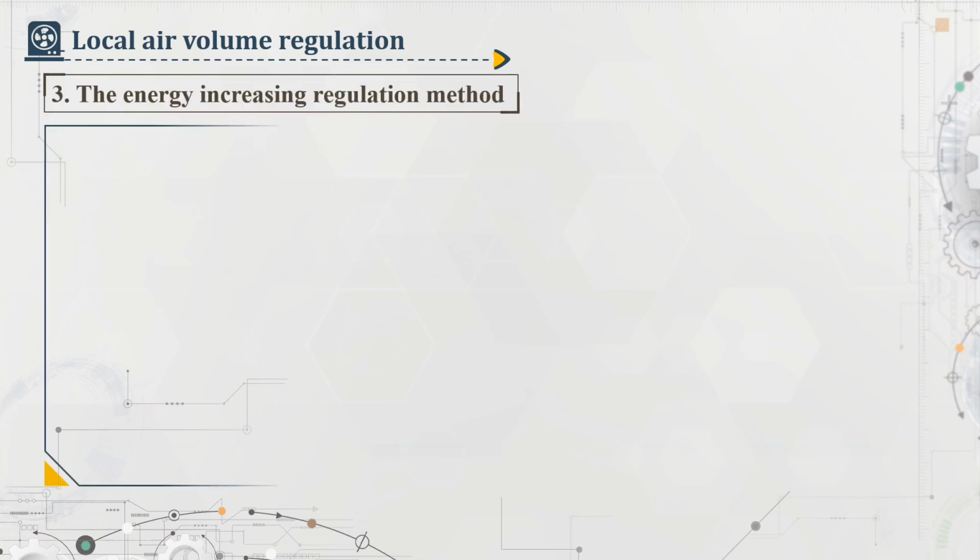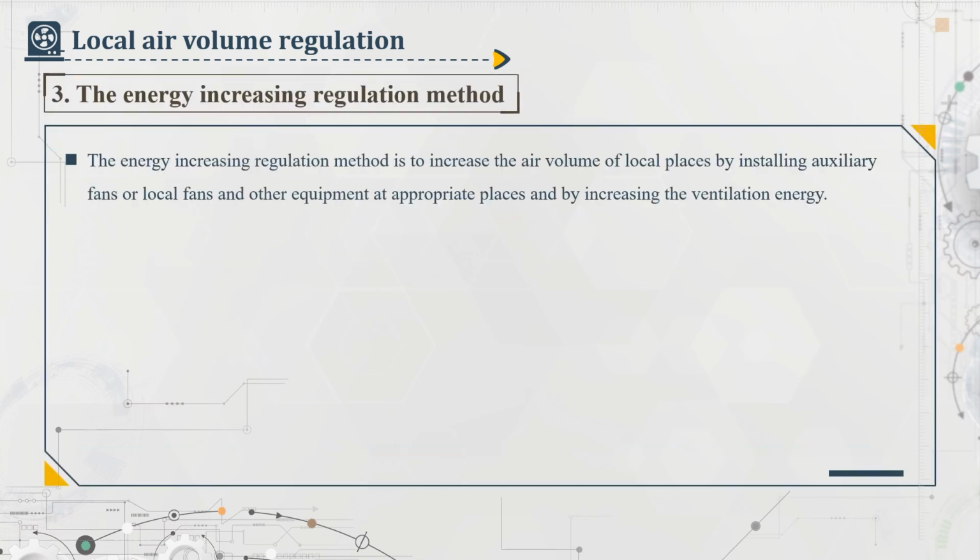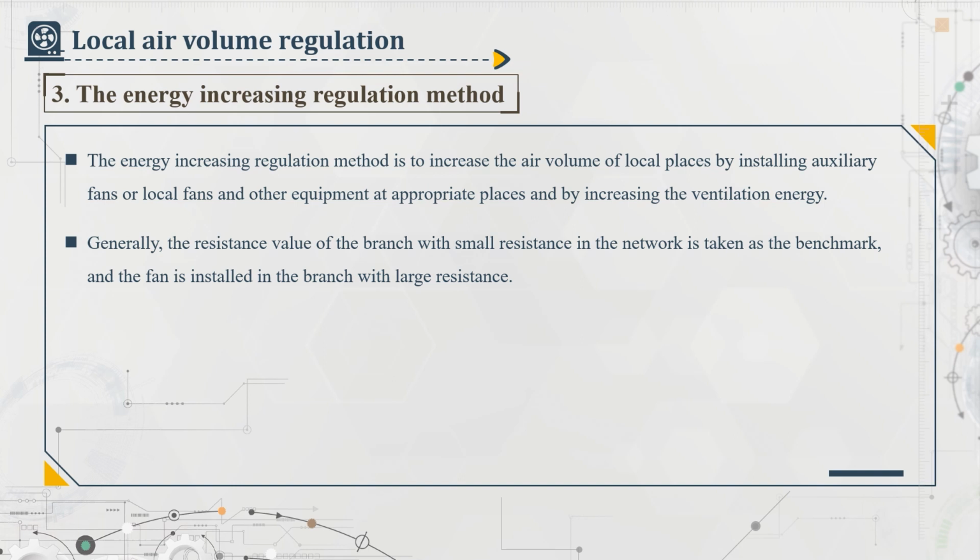The energy increasing regulation method is to increase the air volume of local places by installing auxiliary fans or local fans and other equipment at appropriate places and by increasing the ventilation energy. Generally, the resistance volume of the branch with small resistance in the network is taken as the benchmark, and the fan is installed in the branch with large resistance.